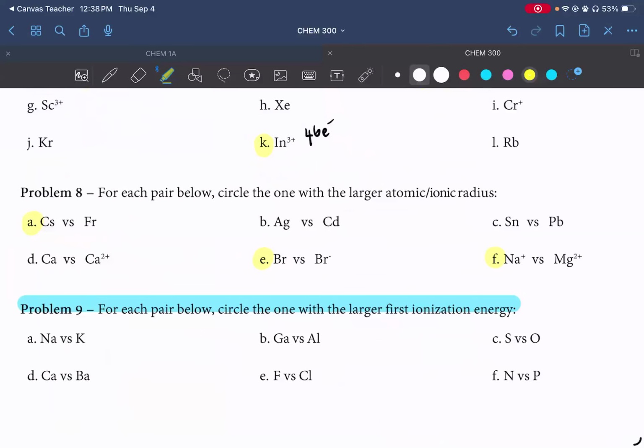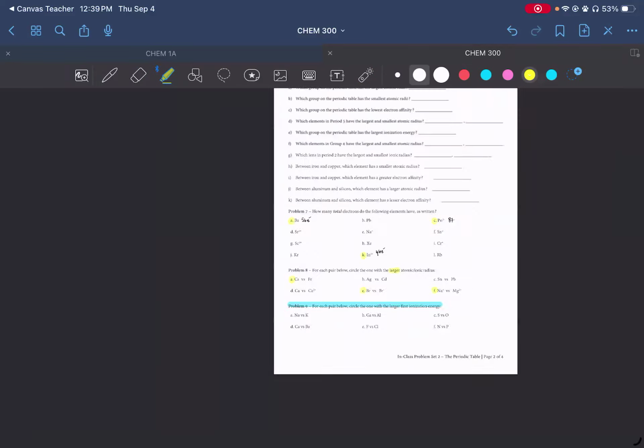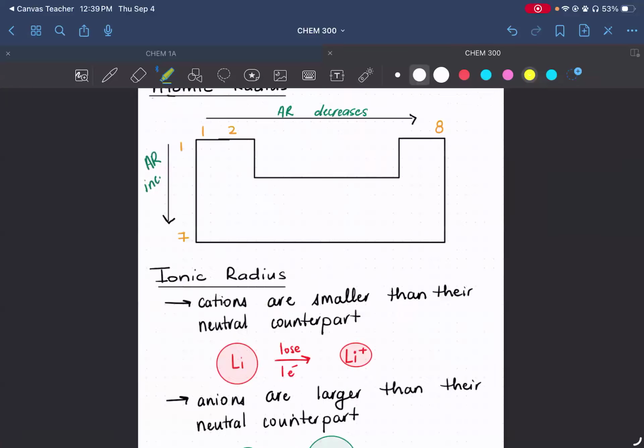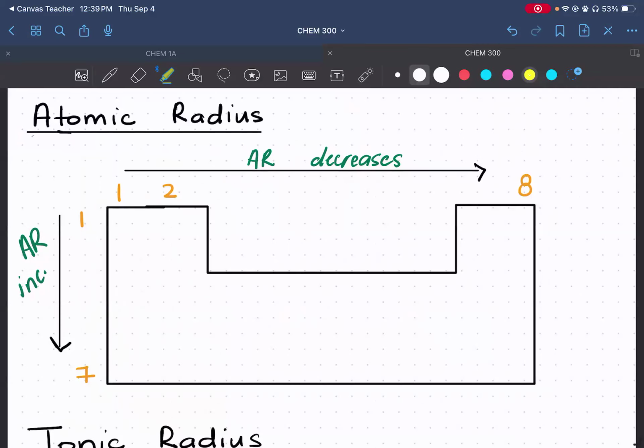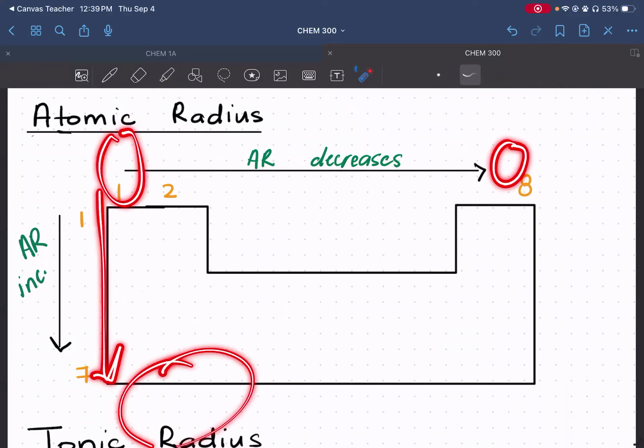For each pair below, circle the one with the larger atomic or ionic radius. So let's remind ourselves of the rules. For atomic radius, as we go from left to right, it gets smaller. If we go down the group, we get larger.